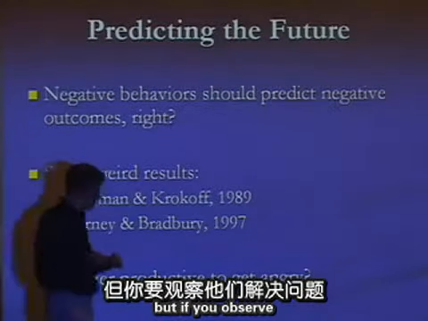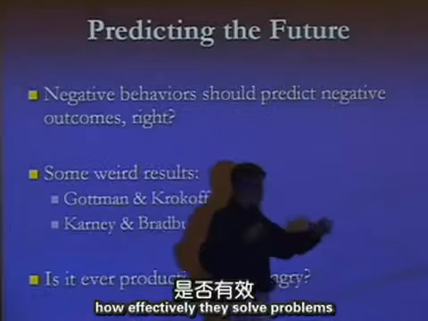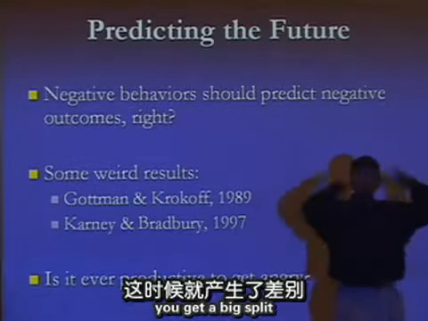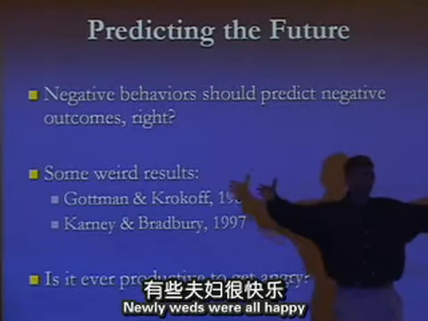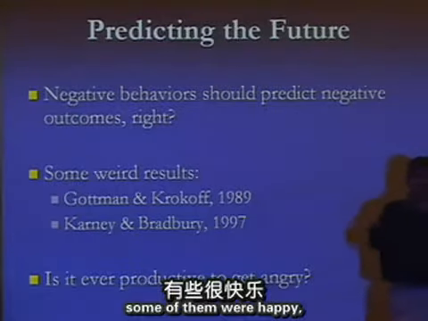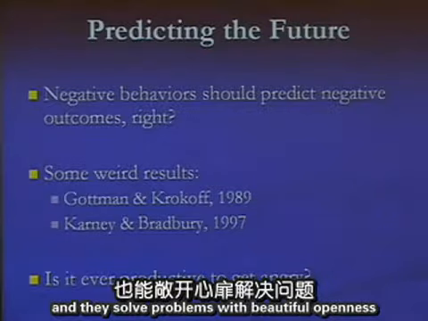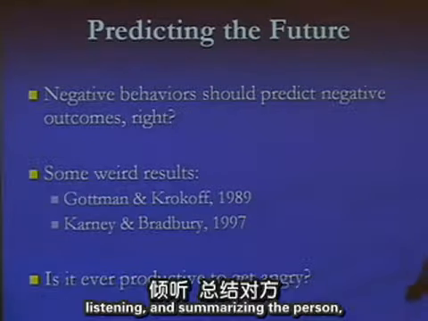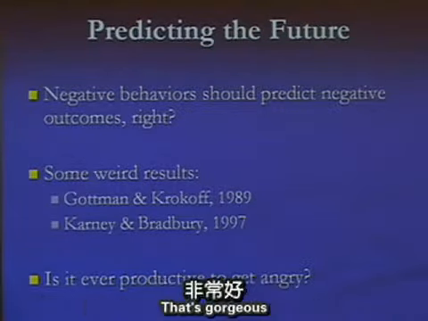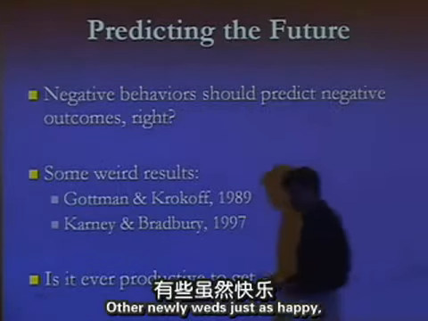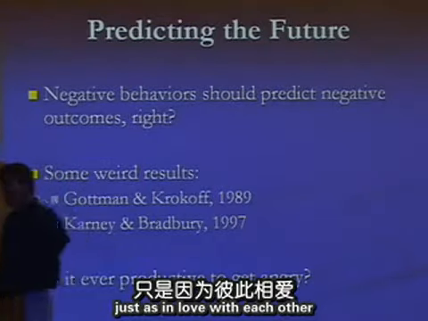But if you observe how effectively they resolve problems, you get a big split. Some of those happy newlyweds resolve conflicts in a beautiful way, with openness and listening and summarizing the other person. It's gorgeous.